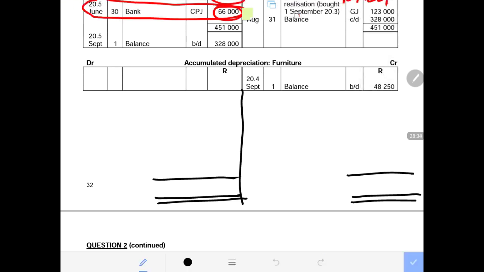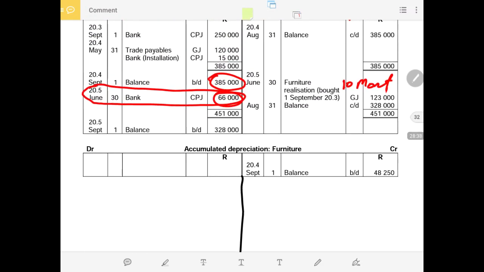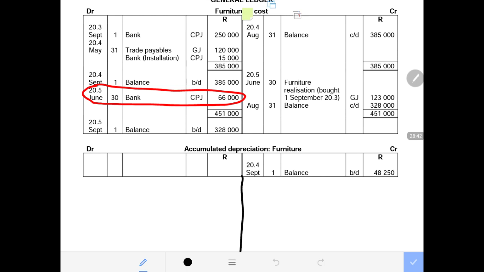Therefore we need to account for the depreciation. Remember once again, some institutions consider this, others don't have any issue with it. Take note, this finisher was sold at this point in time, so its depreciation must have been recorded at the time it was sold. 2005 June, the date is 30th.